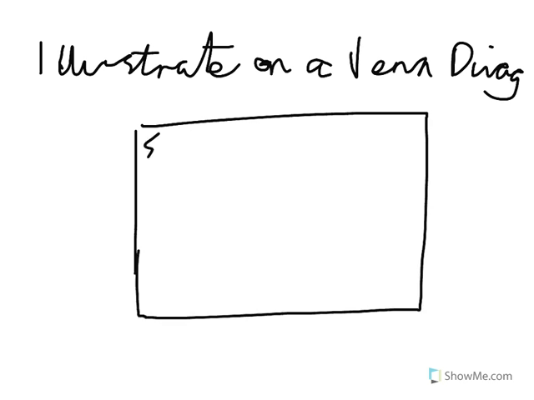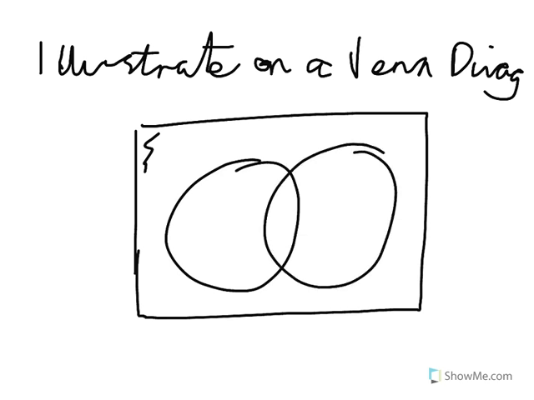We have a box that represents the universal set, and we have a couple of circles in this case. One represents set C, one represents set D. Okay, so in the middle we put anything that is contained in sets C and D, and when you have a look at those two sets you should see that the number 12 occurs in both. Then fill in the rest of the circles.